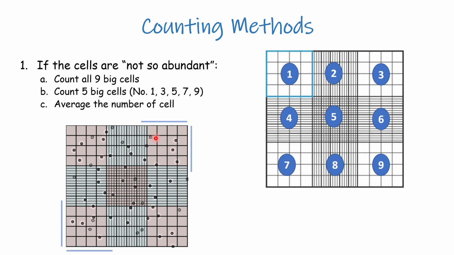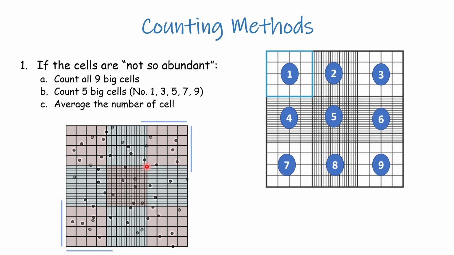So if we are counting 5 big cells here, 1, 3, 5, 7, and 9, this cell over here is still counted because it still touches the left line of big cell number 3.